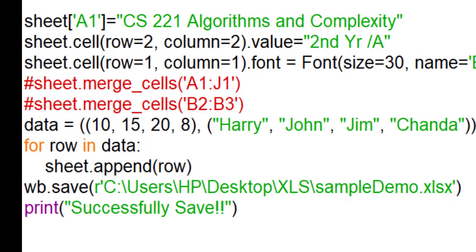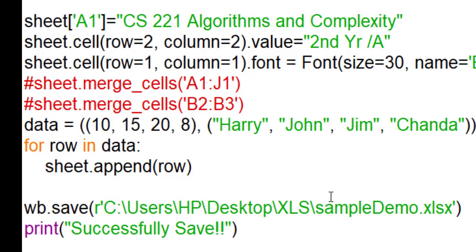And then next we're going to save it. Of course, we're going to save it in the demo. But in this scenario, since we didn't specify the row, let's try to find out first whether it will be added in the next line. Okay, run.